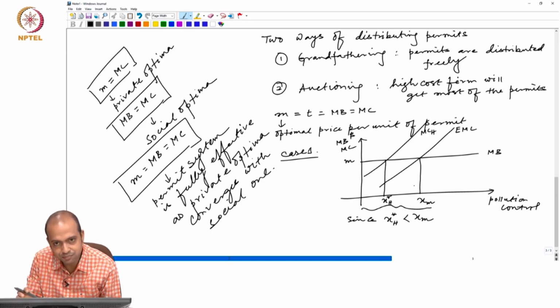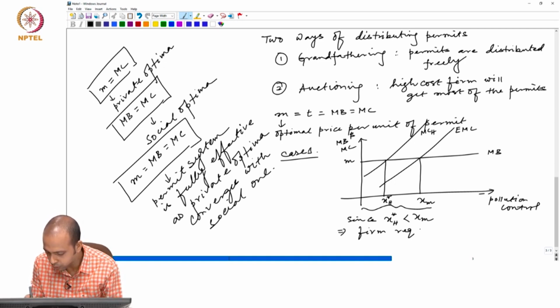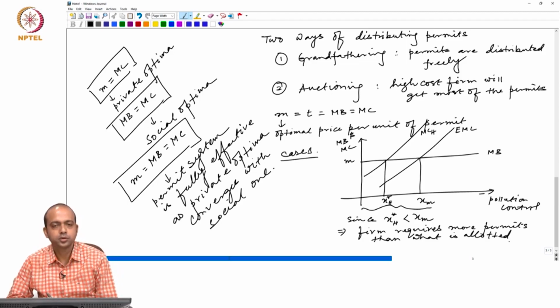So, obviously this distance is higher than this distance. So, the firm requires more permits than what is allotted.